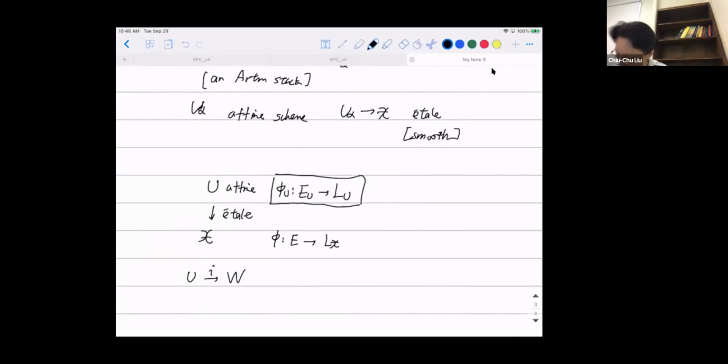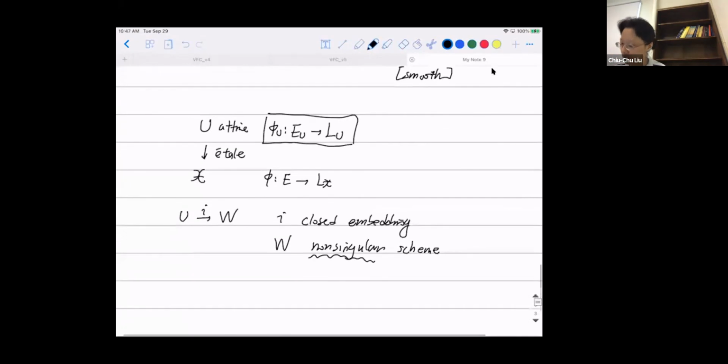So consider I, which is a closed embedding of U into something like W, which is actually a smooth non-singular scheme. So then we have the ideal sheaf.